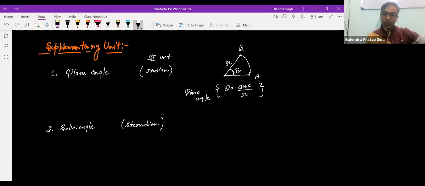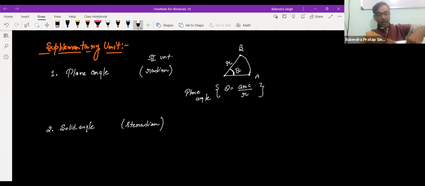In a two-dimensional plane, a body moves from A to B in an arc or a circular path. If I use a three-dimensional representation instead, such as, can you see this paper? Yes, sir.